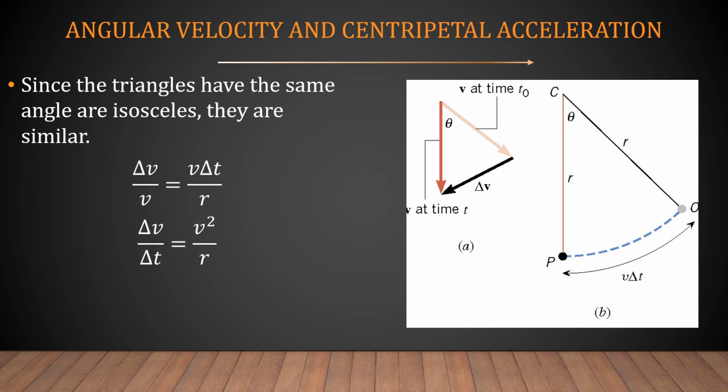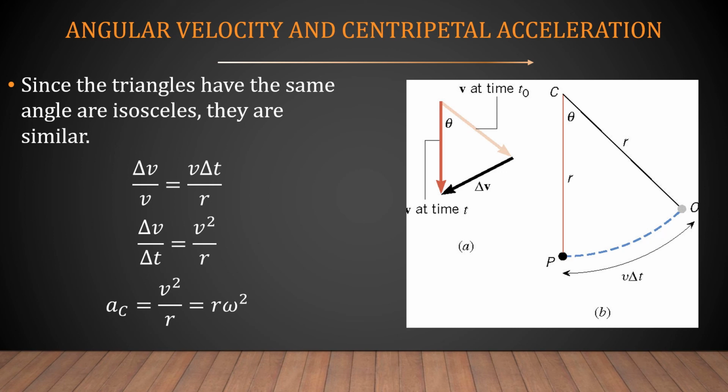Hence, delta v upon delta t. Put delta t here and v here. It will cross multiply. Delta v upon delta t is equal to v square upon r. That is centripetal acceleration. ac, abbreviated, is equal to v square upon r.